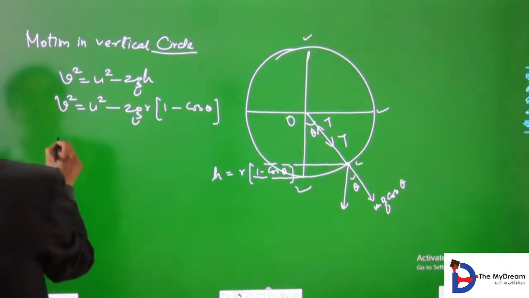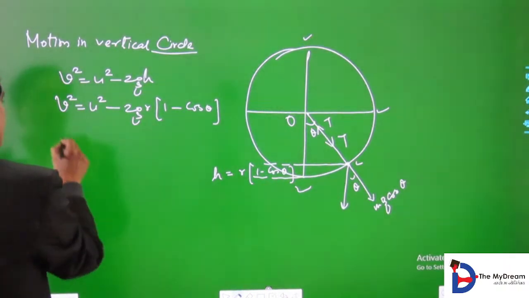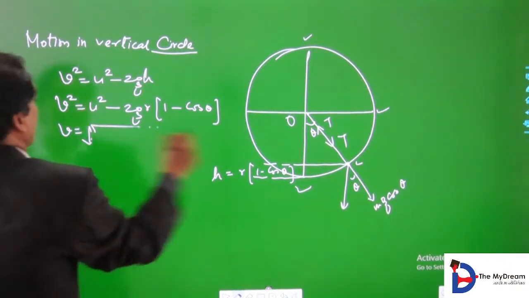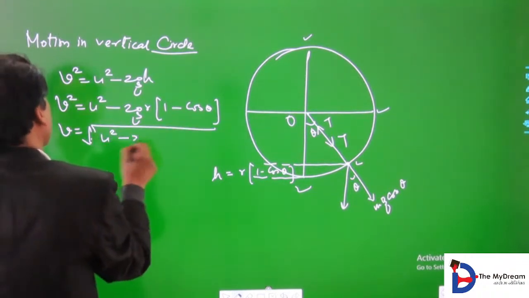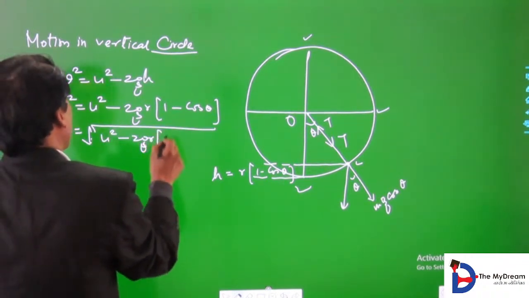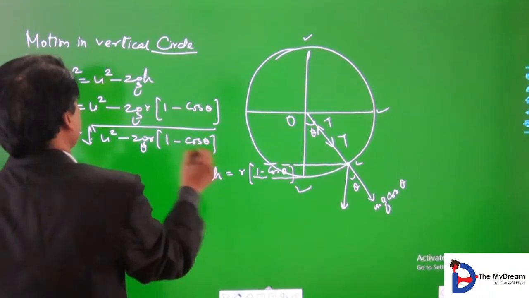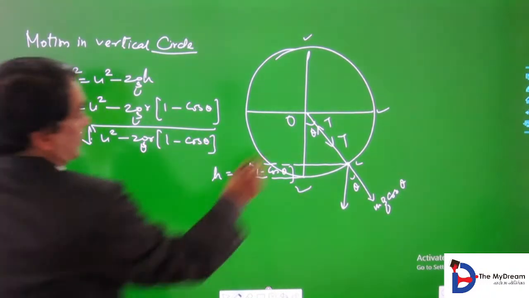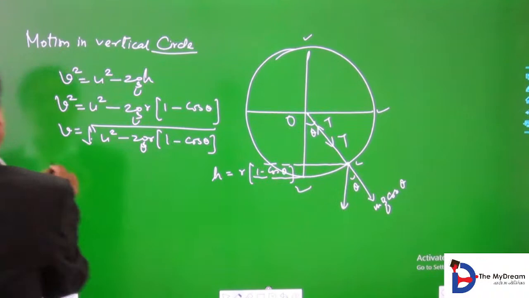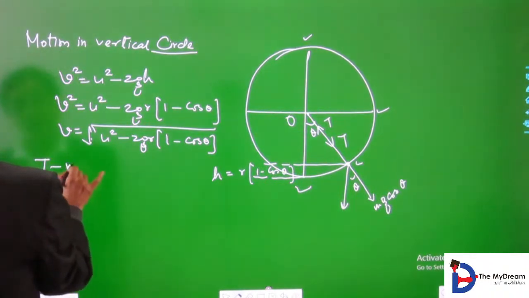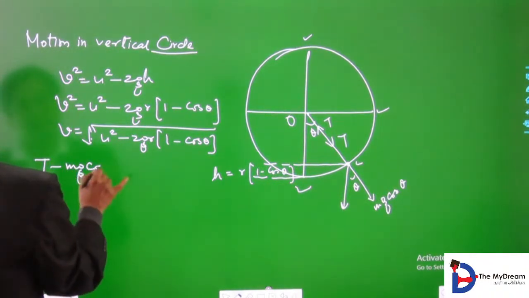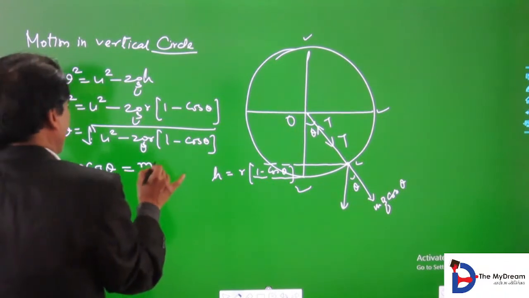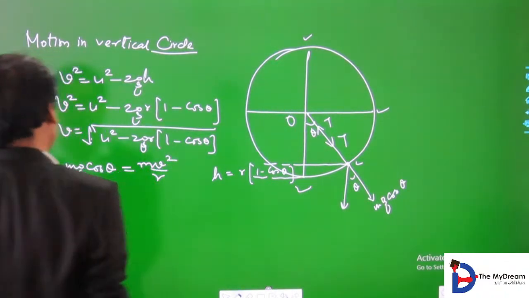नेक्स्ट, इसको अगर मैं सॉल्व करूं, ट्वाइस ऑफ gr(1 माइनस cos थीटा), सो T माइनस mg cos थीटा is equal to mv square by r.